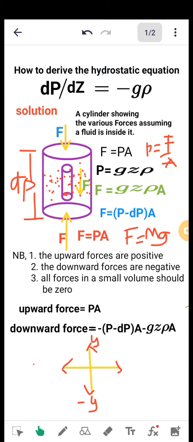There is a force which is acting downward, and we can express this force in terms of pressure. And we know pressure in a fluid is given by the gravity which is acting downward, the height, that's the z, then my rho, that's the density. These are the three main factors that affect pressure in fluids.